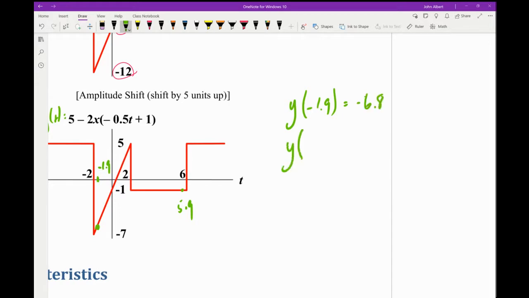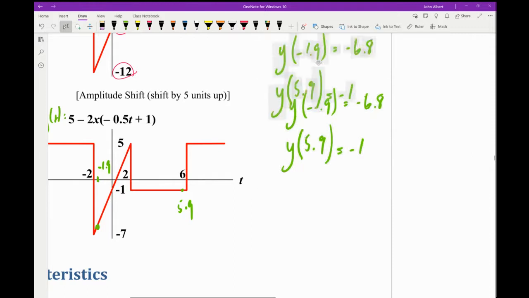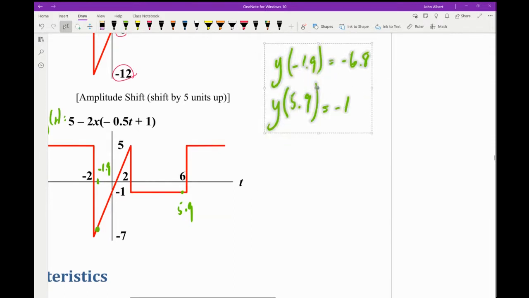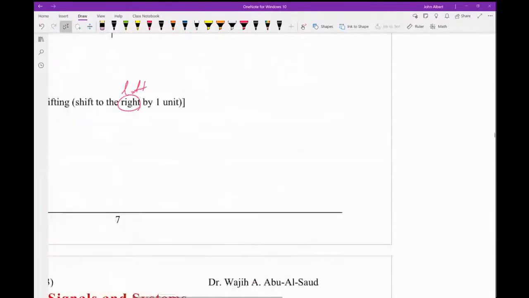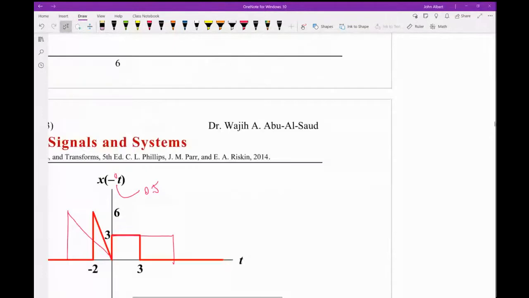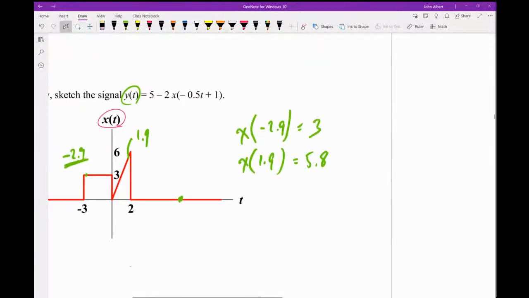And y at 5.9 is approximately equal to, or in fact equal to, minus 1. Now let me take those two values and copy them and move them up. Control X, and let me move up to the original function.